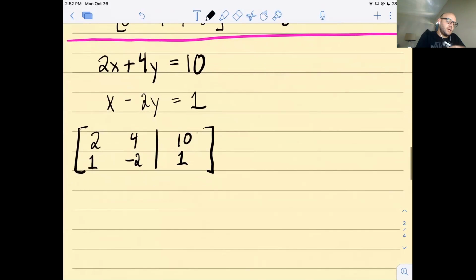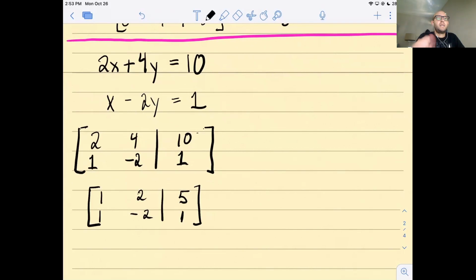So if I divide by 2, I'm just going to get 1, 2, 5, and then 1, -2, 1. All right, how many of you, please message me, give me a yes if you got to this step, and a no if you didn't quite get to this step but now you're okay with it.